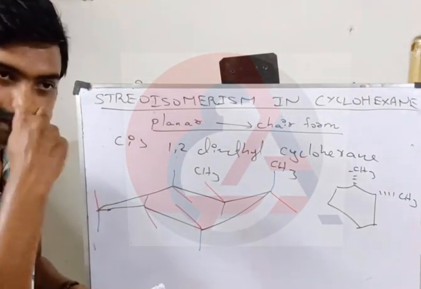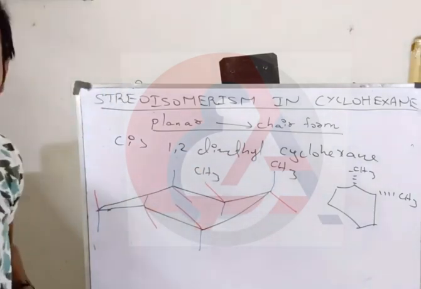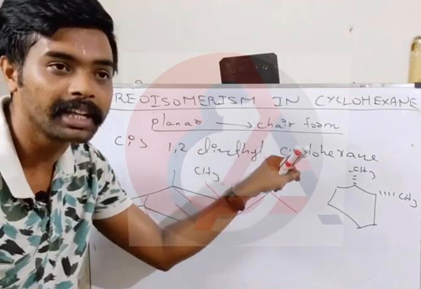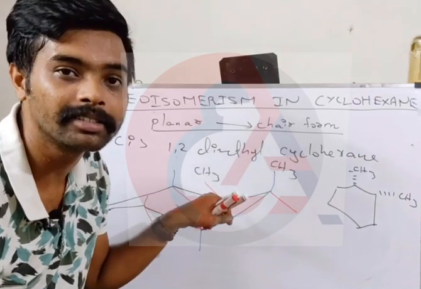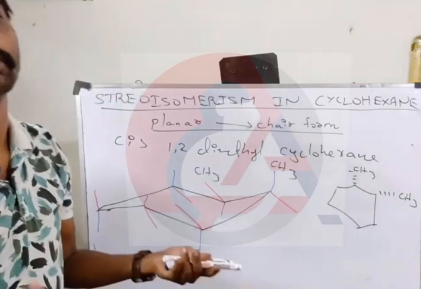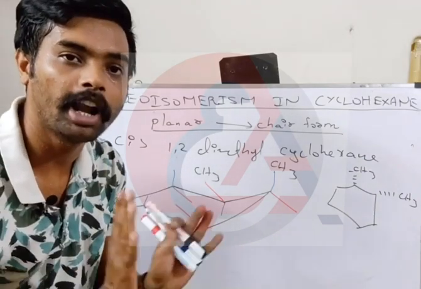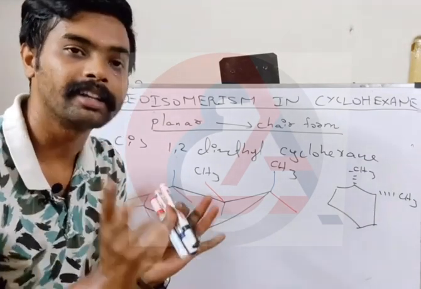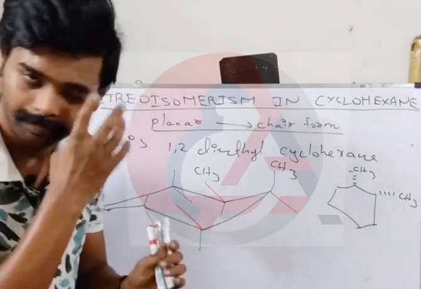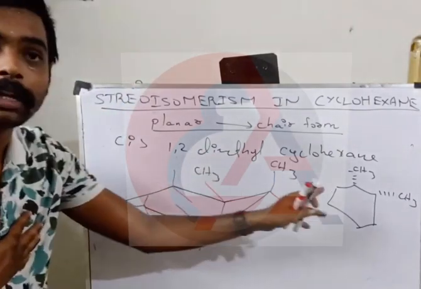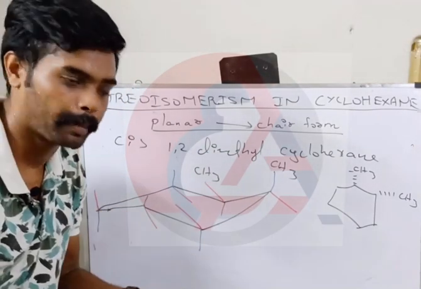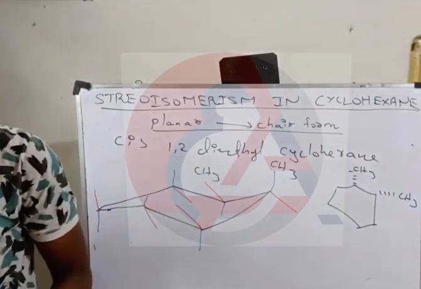So now if I have trans, what will happen? If one of the CH3 is pointing up, the next CH3 is going to point down, and that's what is trans. So again and again I repeat, it is not at all about equatorial and axial. It is about whether the bond is pointing up or down, right? So I think if you try to make the trans of this, you will be able to get a better picture. So same thing we'll do for trans.